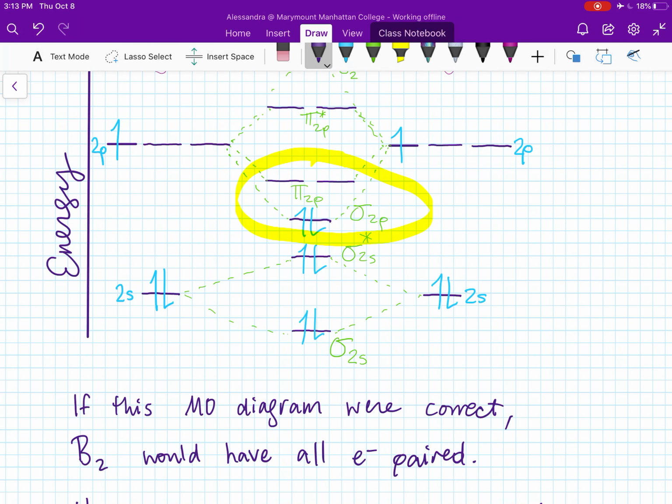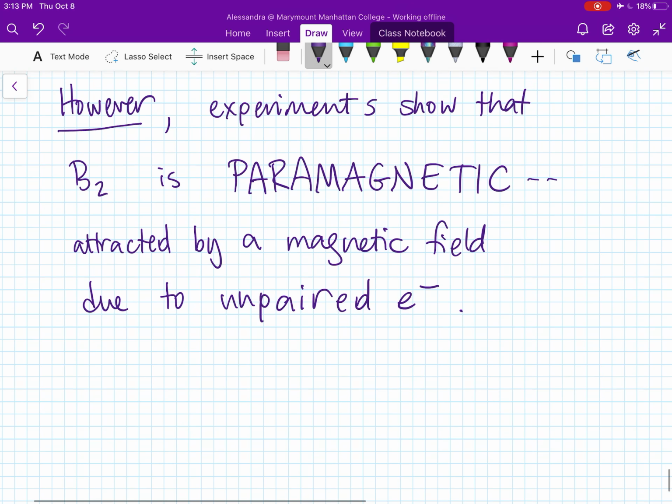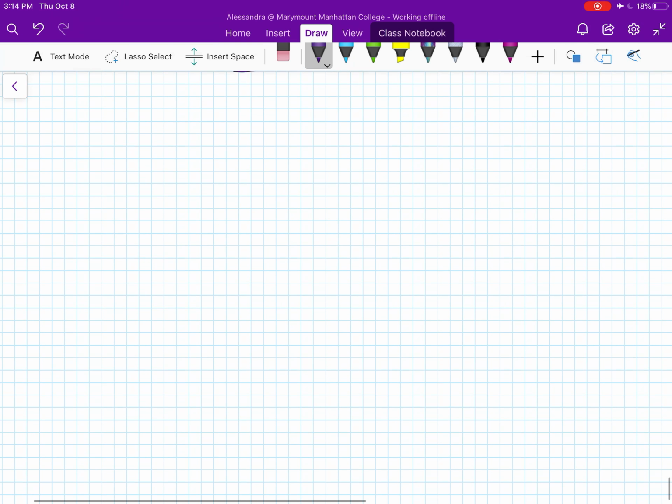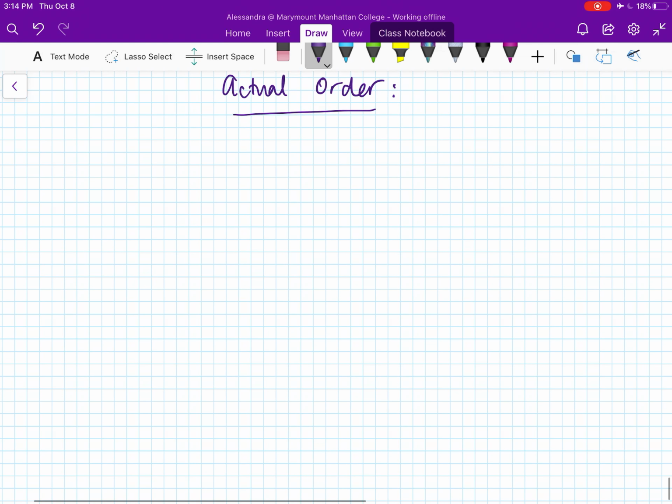So the actual order for the energies of the MOs for boron is going to be as follows. And I'm just drawing the middle part of the orbital interaction diagram. We start with sigma 2s, then we have sigma star 2s, then we have the two pi 2p's.